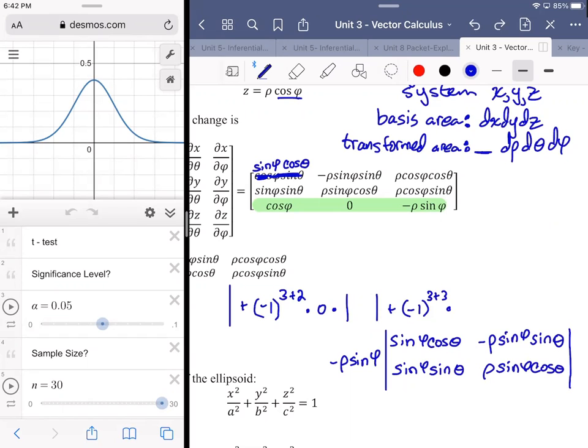That looks pretty awful and exactly what I need. All right, so yeah, negative rho sine phi sine theta. Oh, I'm sorry, sine phi cosine theta. Then negative rho sine phi sine theta, sine phi sine theta, and rho sine phi cosine theta.